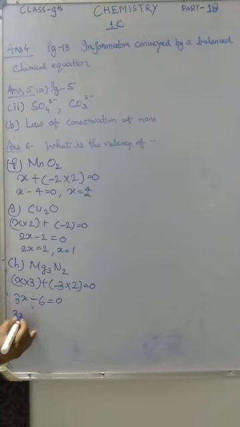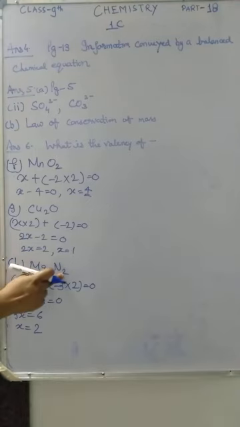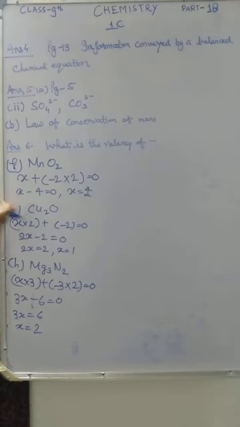So 3x is equal to 6. x is equal to 2. Okay. So likewise you can see this magnesium is combining with 2 atoms of nitrogen. So valency is 2. Likewise also you can write this copper is combining with 1 atom of oxygen. So valency will be 1. Or you make an equation and find out the valency. This will be easy for you.